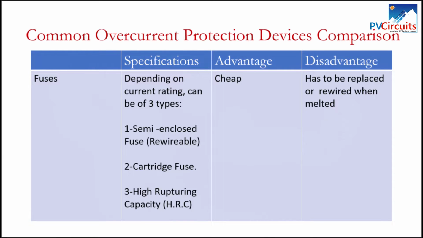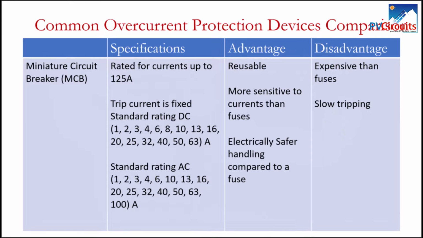The other type of overcurrent protection device is the MCB, or miniature circuit breaker. They are rated for currents up to 125 amps. The standard rating for the DC type varies between 1 and 63 amps. These are the common types, but there are other manufacturers who make other ratings in between these standard ratings.